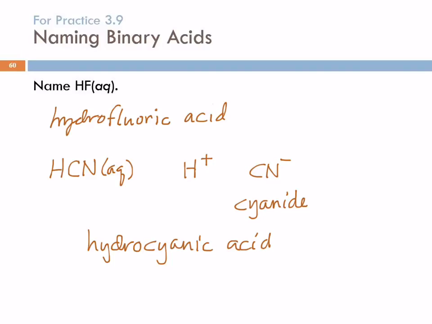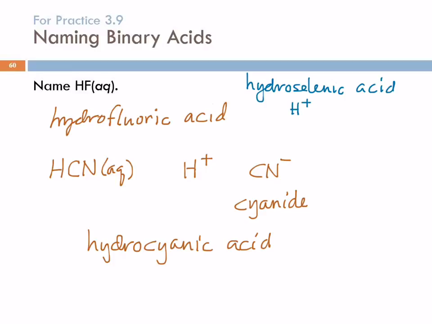Let's do a different type of example. Let's take hydroselenic acid and write the formula for it. We recognize it as a binary acid because it starts with the prefix hydro. So there's hydrogen ion and something else.